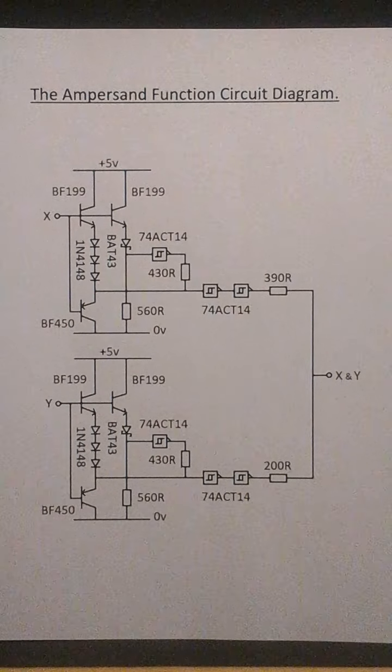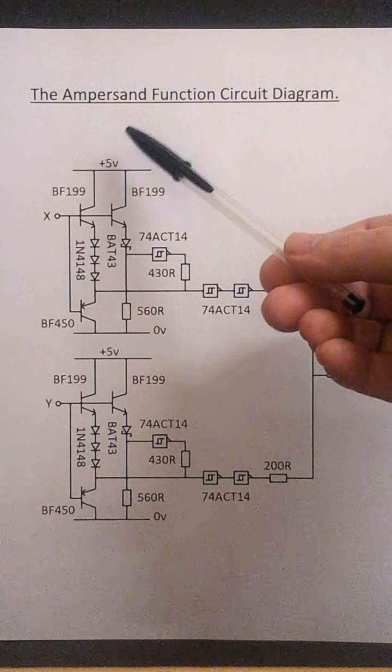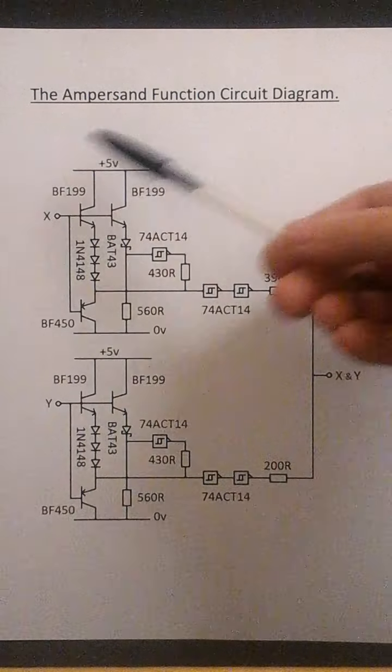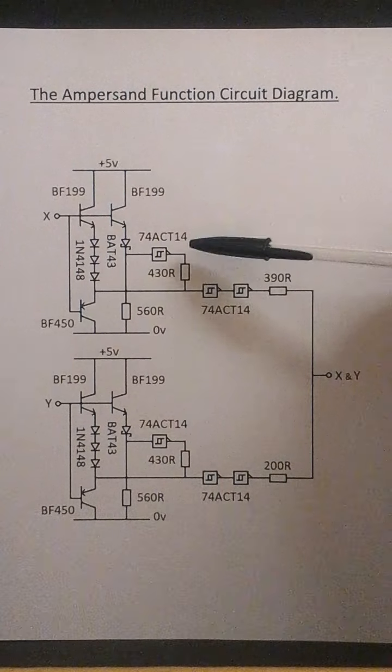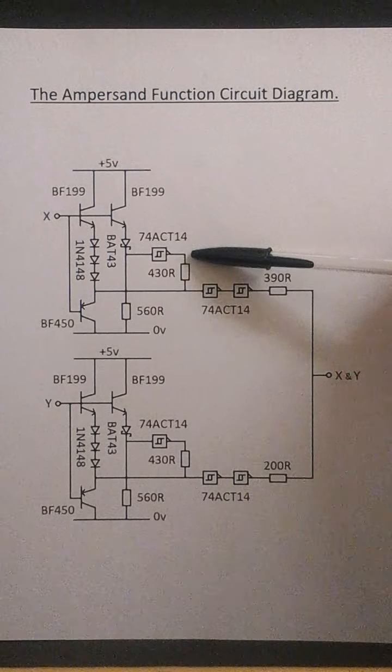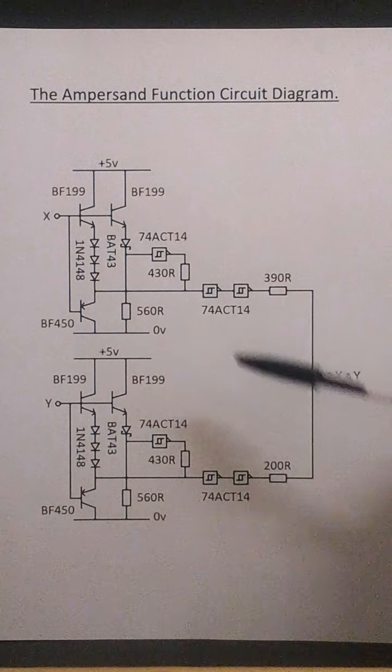So this is the circuit diagram for the ampersand function, using the binary to quaternary conversion, which I showed you before. This is output A2, this is output A1.